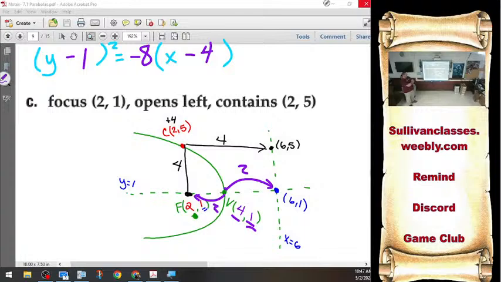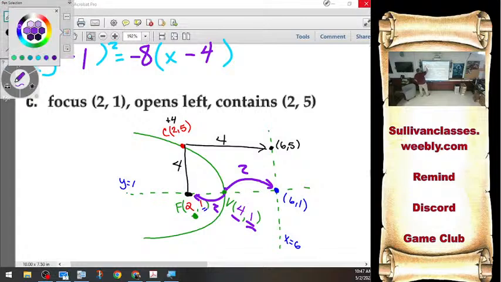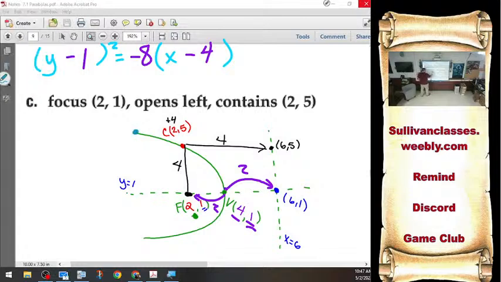Do you see where that would have been dicey if that point is out here and I can't just count boxes? Then I need to either make a triangle and do Pythagorean, or I need to use my distance formula. Okay? And that's what the other two are.